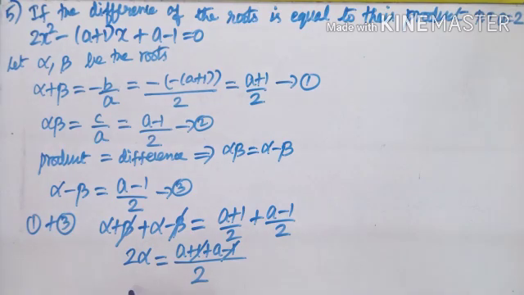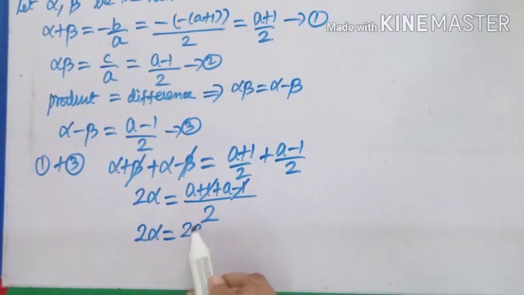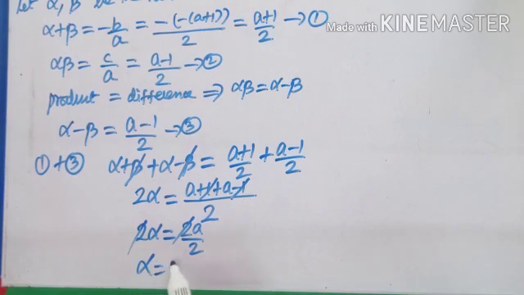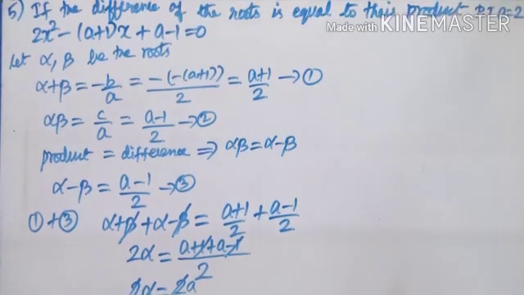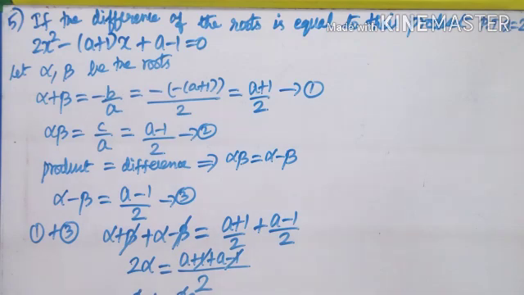So I am getting 2 alpha is equal to 2a by 2. 2 cancels. So alpha equals a by 2. I have achieved one answer. Put alpha value in first equation and get what is beta.